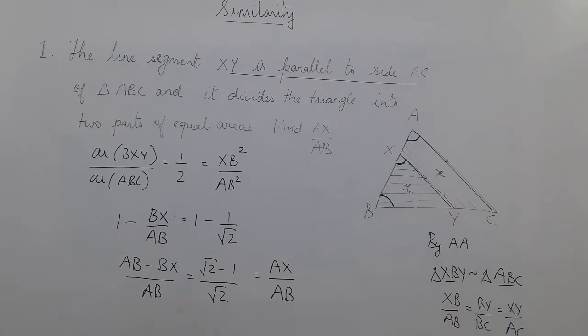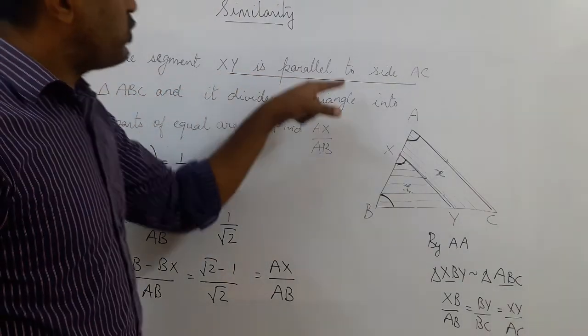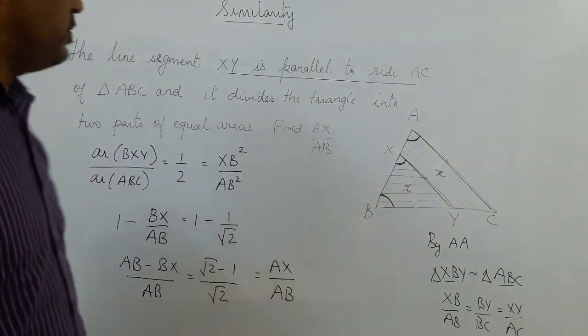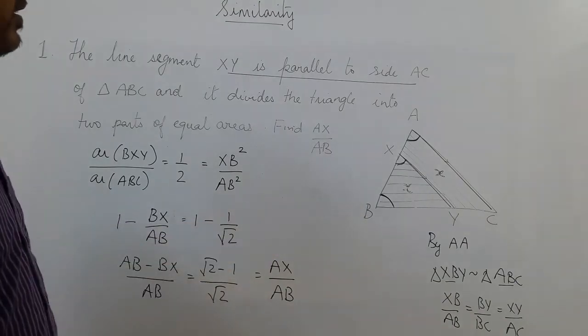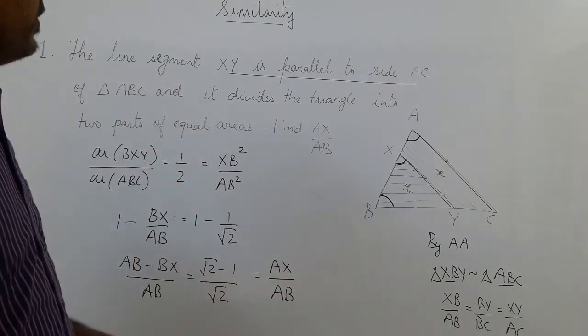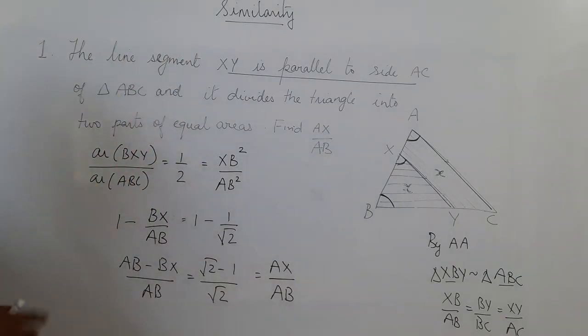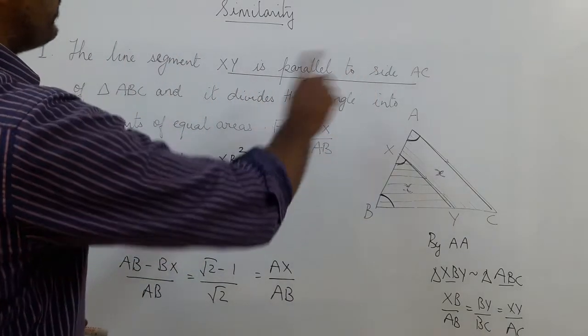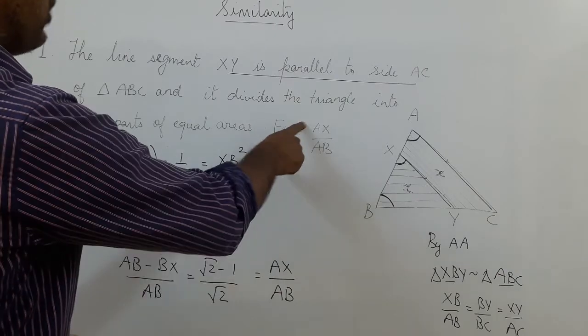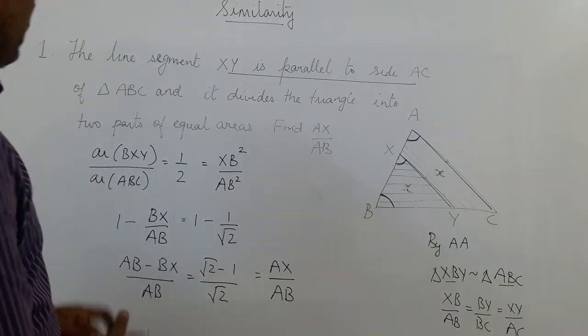So again, what was done in the question? We were given XY is parallel to AC. We proved the triangles are similar. But you could do it one more method if you remember. We have to find AX upon AB, and I'll compare to that method shortly. So XY is parallel to AC, and we have to find the ratio of AX upon AB.